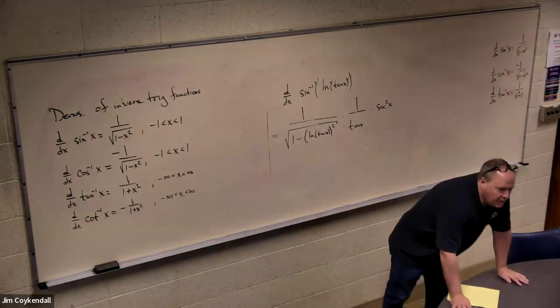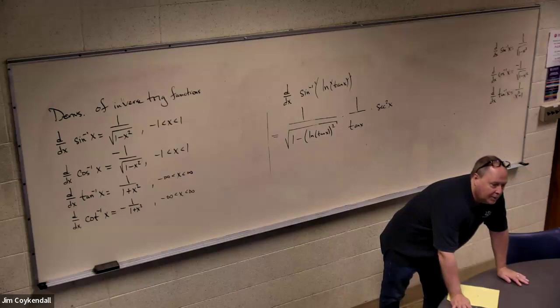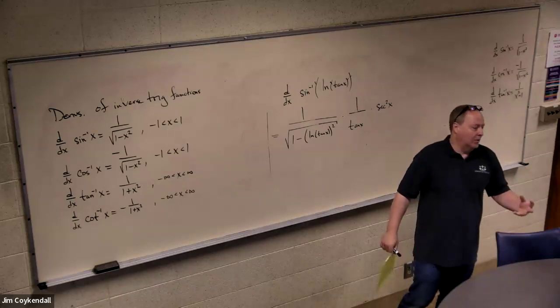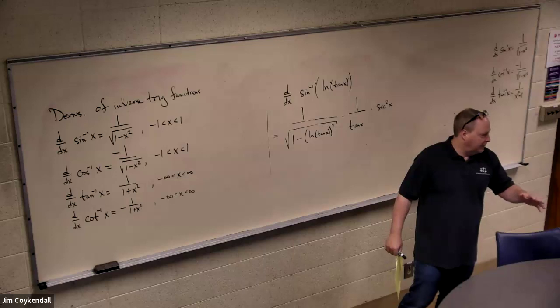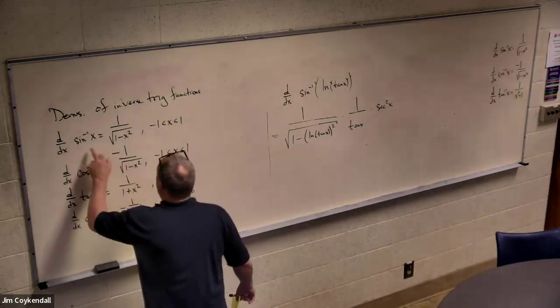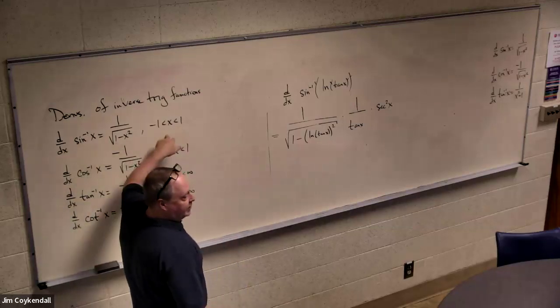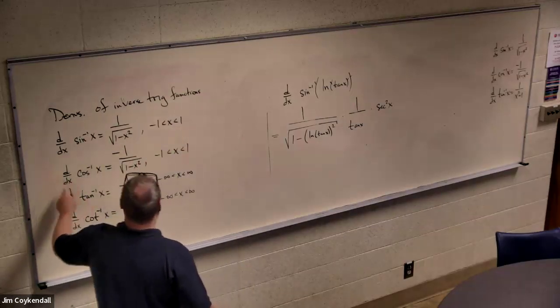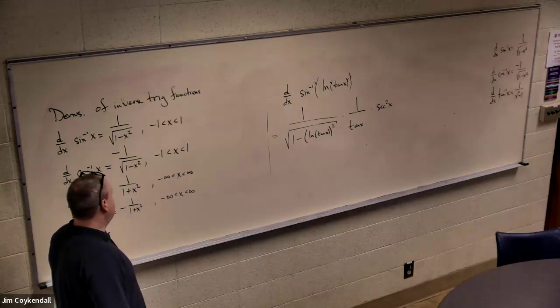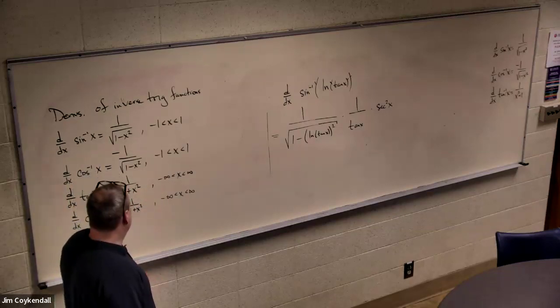What happens if you put a 2 in your calculator and press the inverse sine function? It'll give you an error because it's not even defined. There is no angle that has sine of 2, because the sine of any angle is between minus 1 and 1. So the domain of the inverse sine has to be restricted, same with the inverse cosine. However, the inverse tangent and the inverse cotangent accept anything.